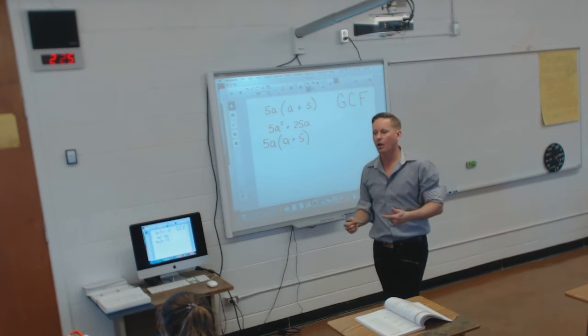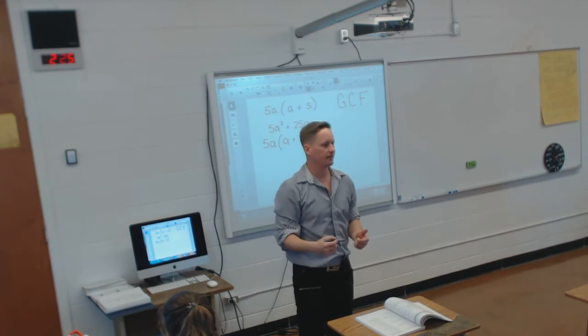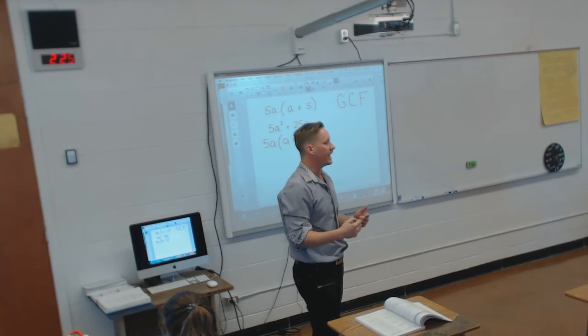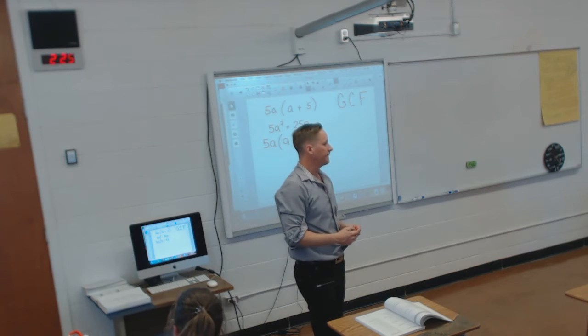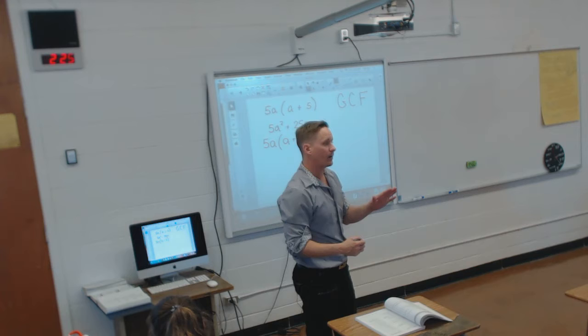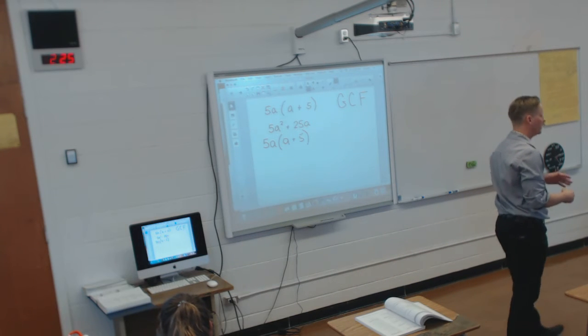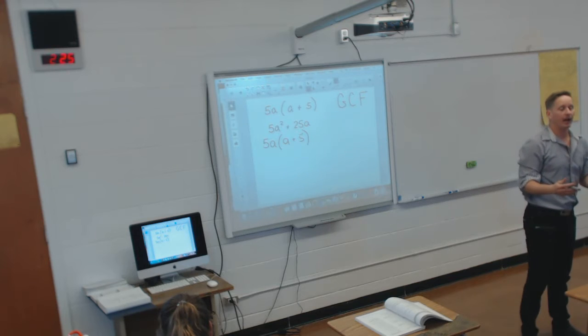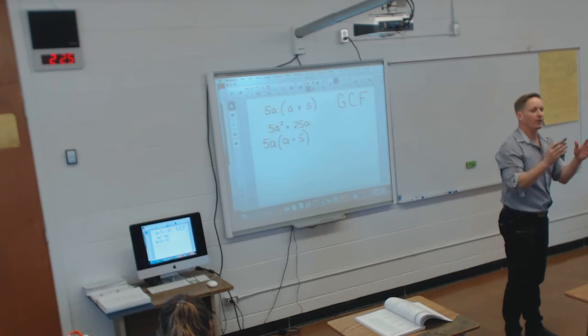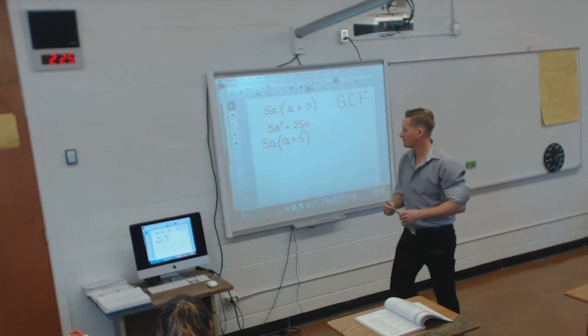And you're going to say, greatest common factor. You do it every single time. Okay? Now, it's not always that it works. There may not be a greatest common factor. And you'll run into that. But if there is, we need to take it out first.